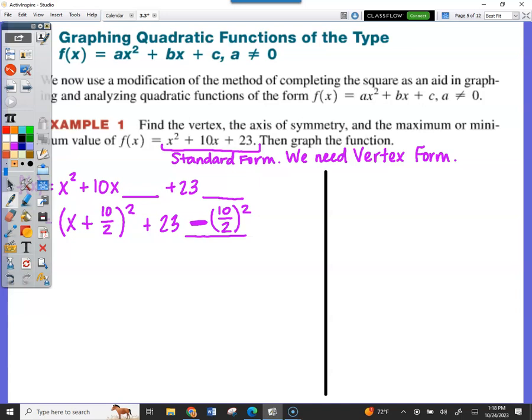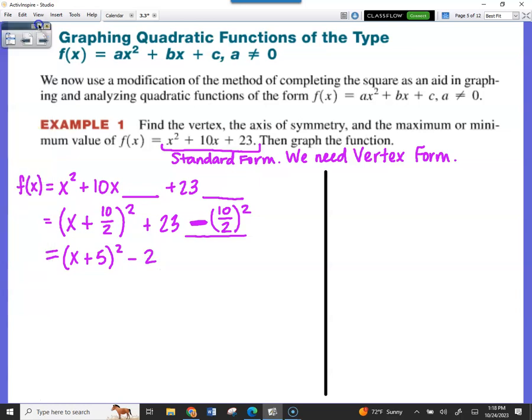All right, let's clean this up. This is ugly. So this is x plus 5 squared, plus 23 minus, we said this is 25, so it'd be minus 2, right? So, what is the vertex?